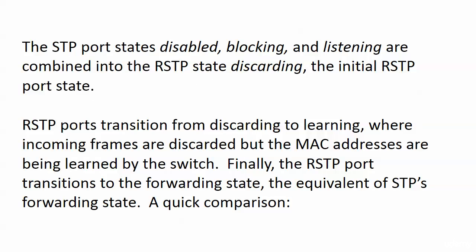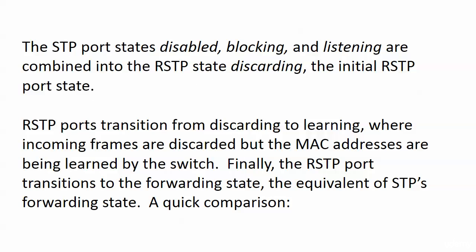Now, I want to talk about these states here for a few minutes because obviously that's important stuff. And the STP port states, the first 3, disabled, blocking, and listening, they're actually combined into the RSTP state discarding, which is the official initial RSTP port state, the very first one.